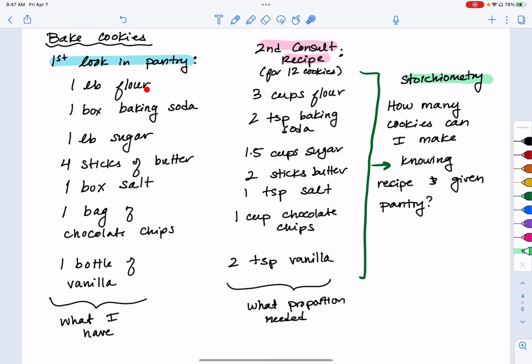If I've got 1 pound of flour, how many cups would that be? And then how much would I need to react with how much of my baking soda box, etc. It's through understanding this lab quantity and mole ratio that we are ultimately going to perform the process of quantifying amounts in a chemical reaction, which is what we call stoichiometry.